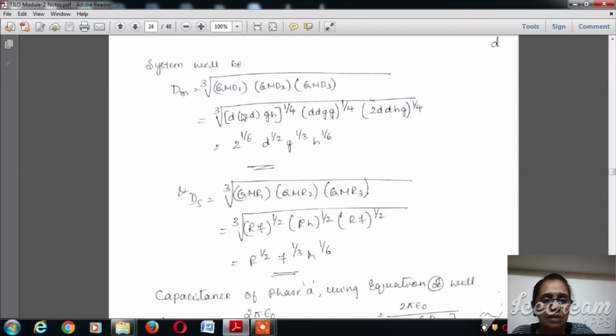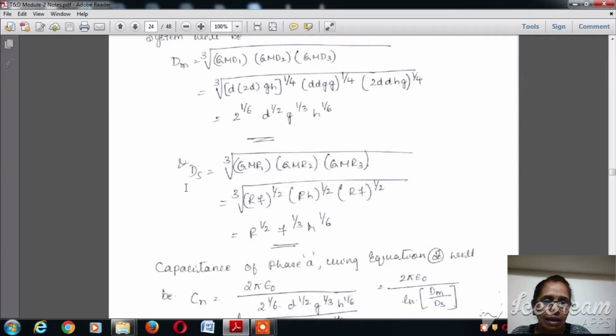Substituting the expression for GMD1, which is d into 2d into gh to the power of 1 by 4, into GMD2, which is d into g into g to the power of 1 by 4, into 2d into d into h into g to the power of 1 by 4 for GMD3 when the conductor A is in position 3. Now if we simplify this, 2 to the power 1 by 6, d to the power 1 by 2 into g to the power 1 by 3, h to the power 1 by 6.